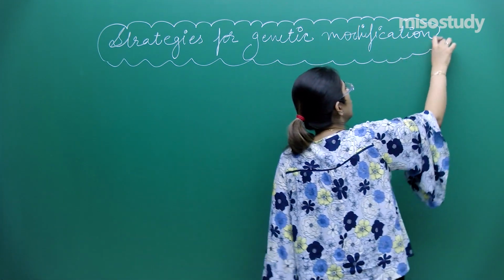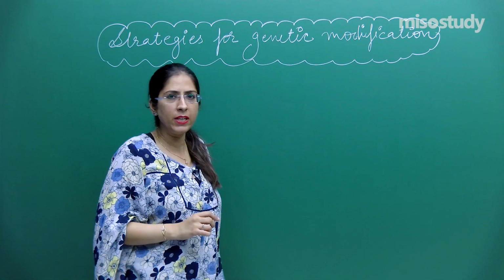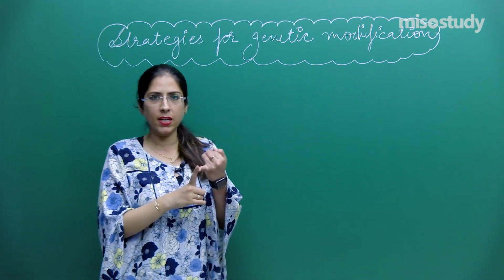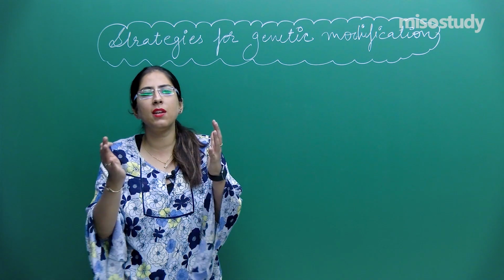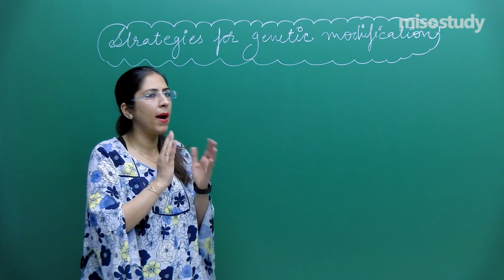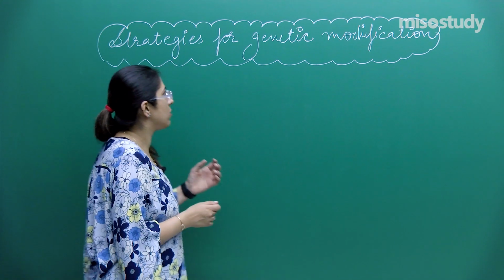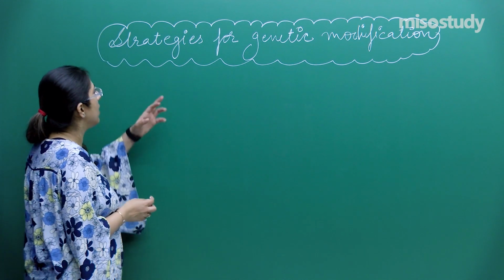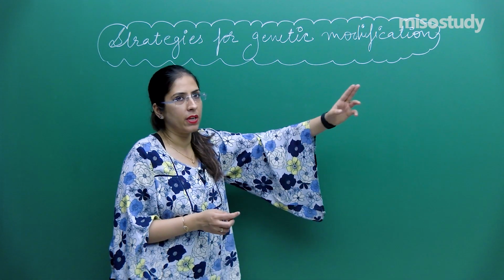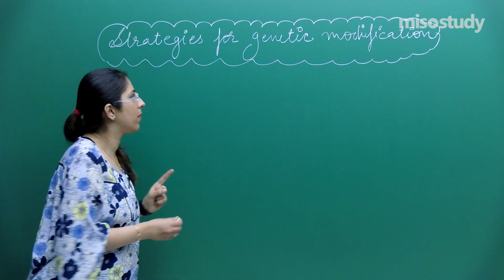We have to improve the crop yield, and we have to make it resistant. We need a large amount of a particular crop to combat the problem of population, or you can say overpopulation, right?